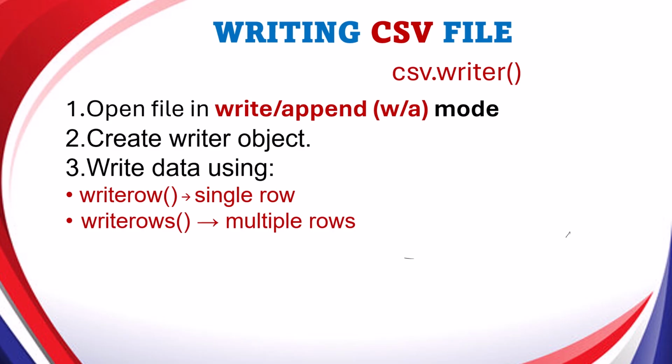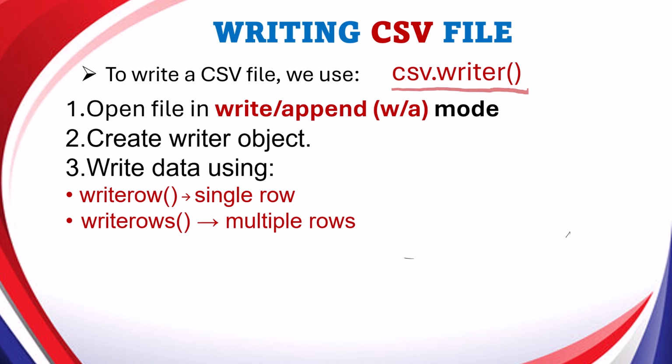Let's learn how we can write data to a CSV file. For writing data to a CSV file, first of all, we need a writer function which belongs to the CSV module. We have to open the file in either write mode or append mode, W or A, if you want to write to the CSV file.